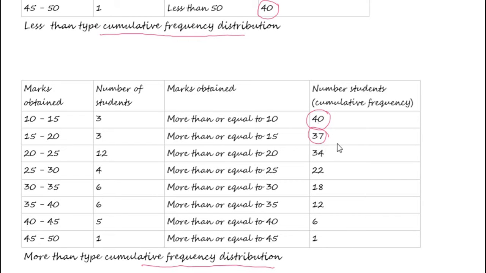In a similar way, you need to populate this cumulative frequency column to get the more than type cumulative frequency distribution. We can use any one of these types of frequency distribution tables to calculate the median, but we will take the less than type and calculate the median, and the greater than type will be used while we plot ogive curves.